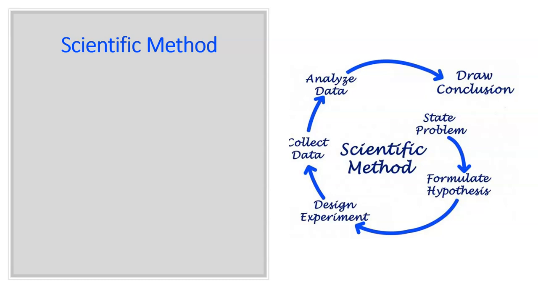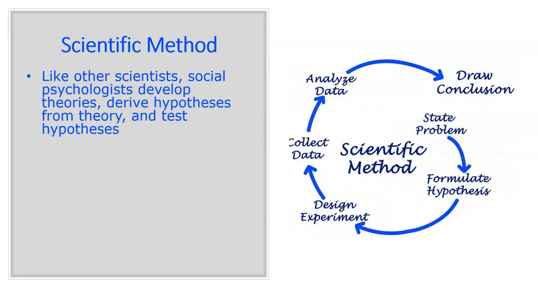You're probably familiar with the basics of the scientific method. You've been in science classes since elementary school, so I'm sure you've been exposed to these basics. But a quick review: what we do as scientists is come up with a problem that we usually state as a research question.